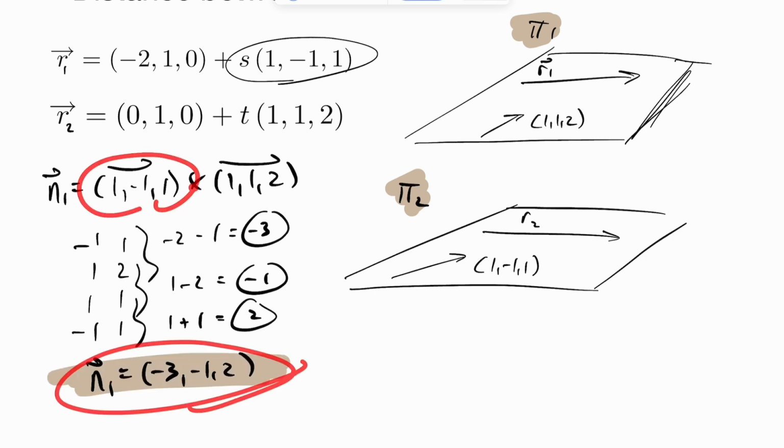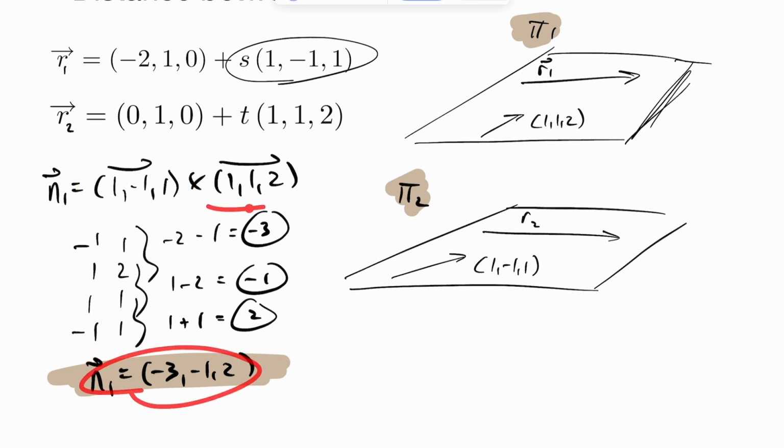If I take my normal dot my first direction vector here, I'm going to get -3 plus 1 plus 2, which is 0. And my normal dot my second direction vector here is -3 minus 1 plus 4, also equal to 0. So this is perpendicular to this plane and therefore this plane as well.